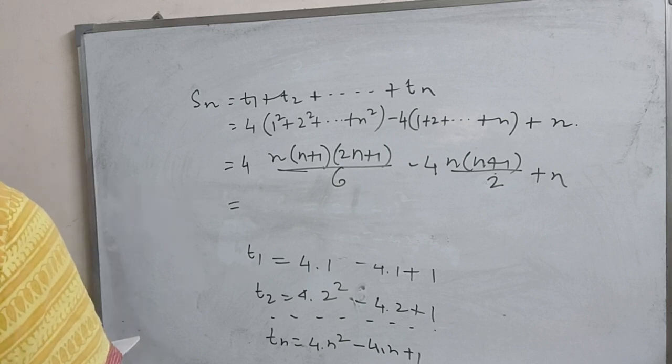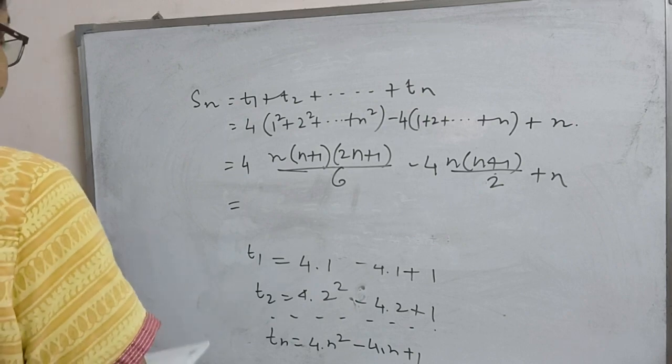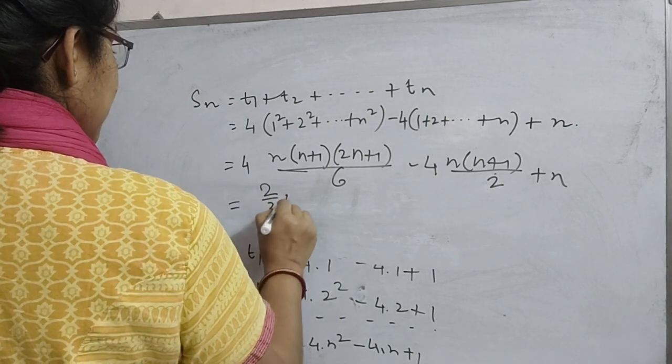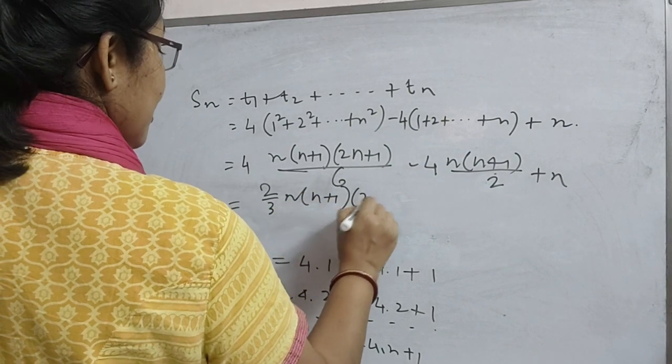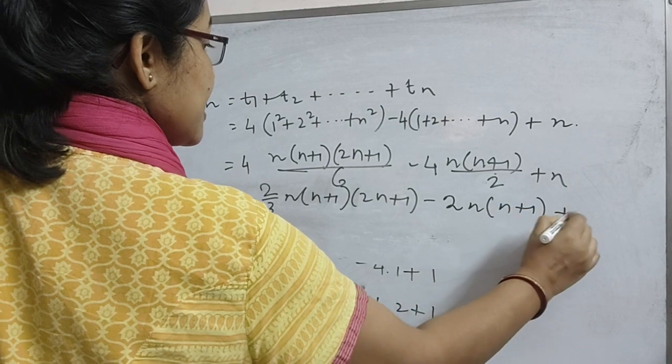So, this equal to 2 by 3 n into n plus 1 into 2n plus 1 minus 2 into n plus 1 plus n.